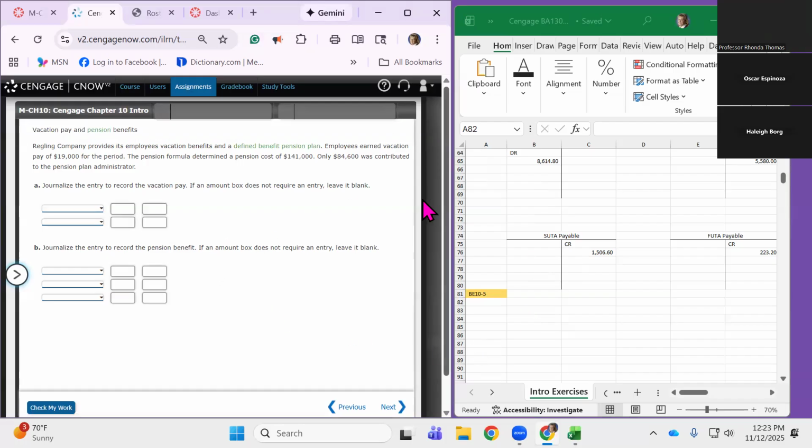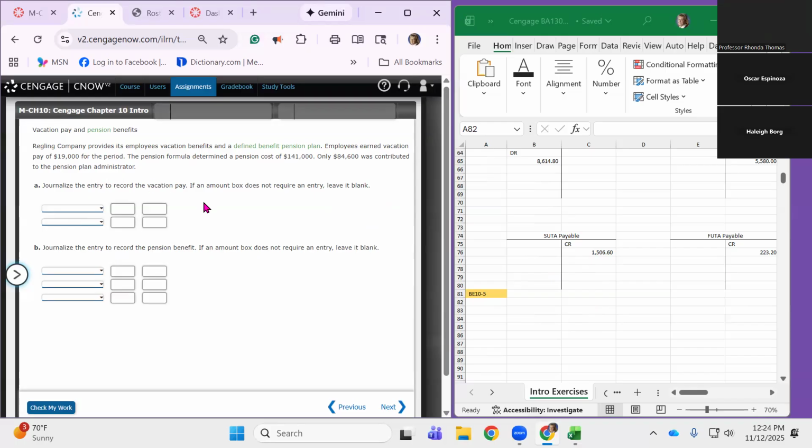All right, so we're going to look at this based on some journal entries here. Employees earned vacation pay of $19,000 for the period, and the pension formula determined a pension cost of $141,000. Only $84,600 was contributed to the pension plan administrator.